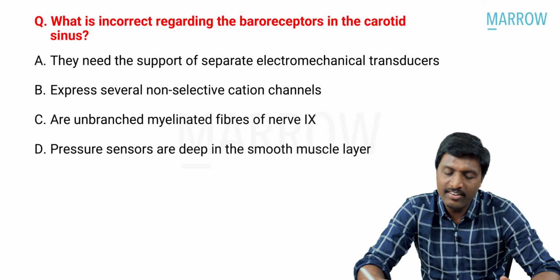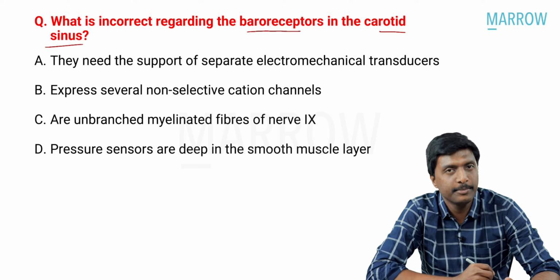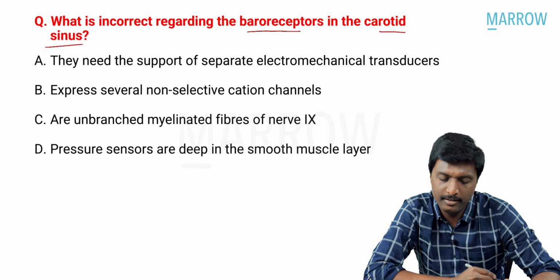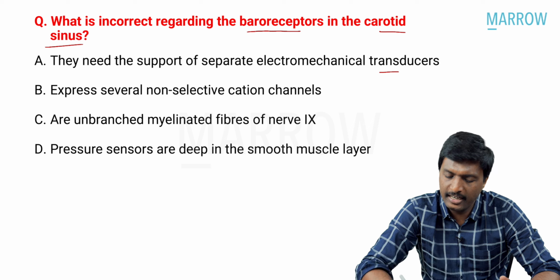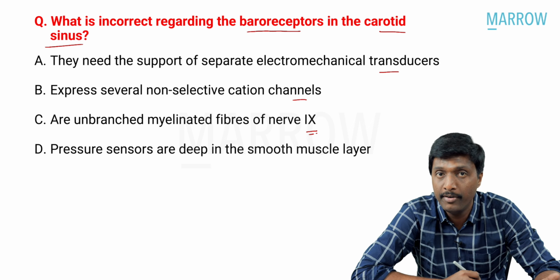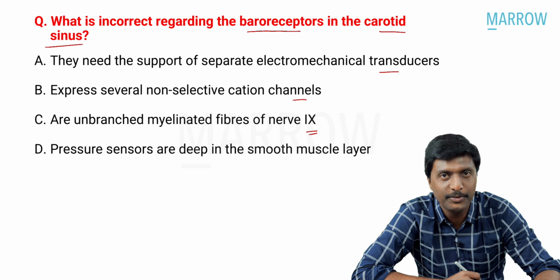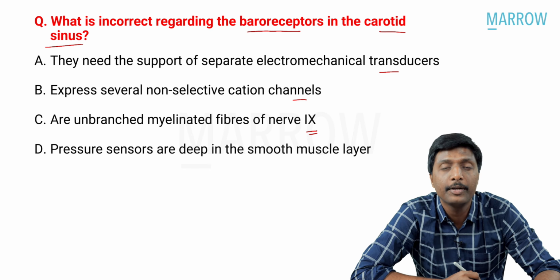What is incorrect regarding the baroreceptors in the carotid sinus? Baroreceptors need the support of some transducers and express certain channels. They are innervated by branches from the glossopharyngeal nerve. Pressure sensors are deep in the smooth muscle layer.